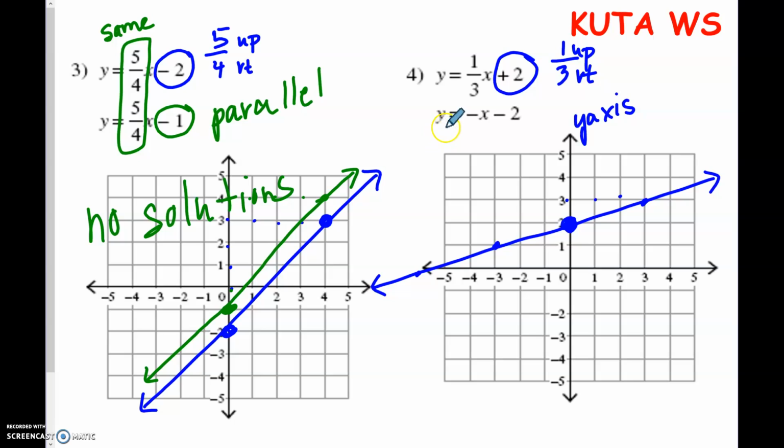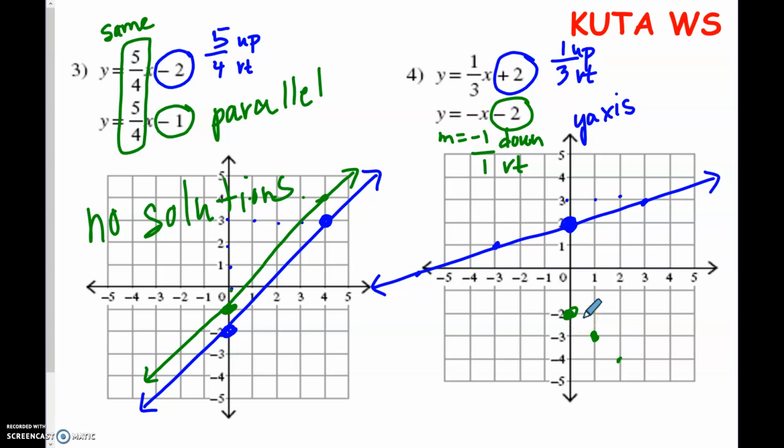So in number 4, the second one, the y-intercept is -2. Our slope here is the number in front of x, -1, and we can put a 1 underneath it. This means down 1, right 1. Well, if I keep going down and right, I'm not going towards my blue line.